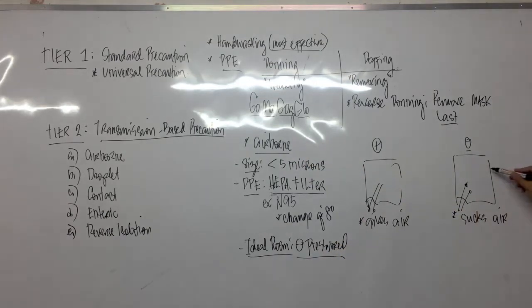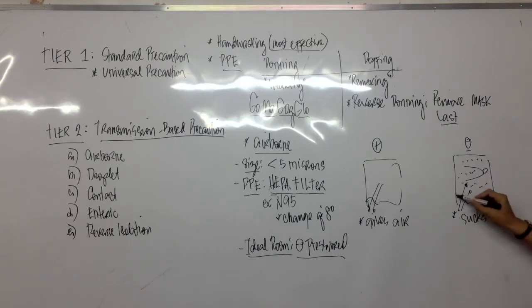Why? Because if here is your patient and the patient has airborne disease, I said the microorganism is so small and that microorganism is suspended in air. Am I right? When you open the door, there's a possibility that the microorganism will get out. And when that microorganism gets out, it may infect people outside.